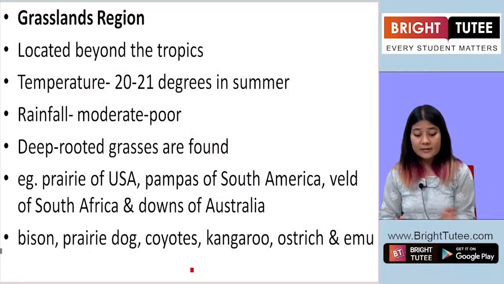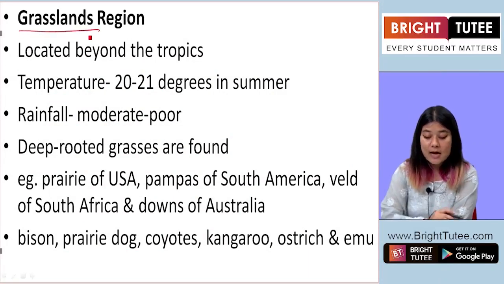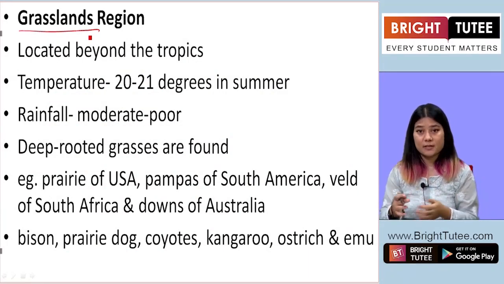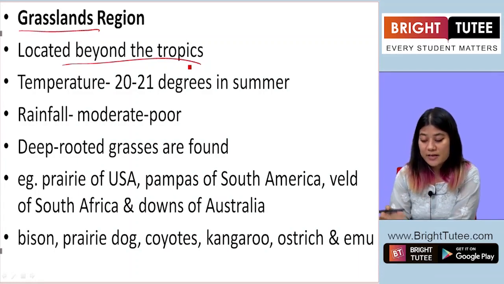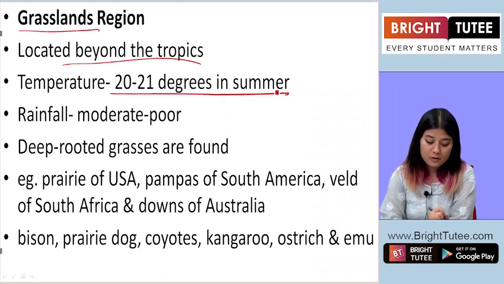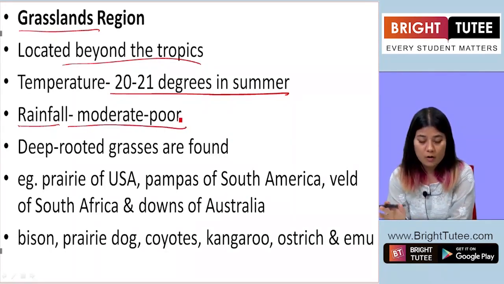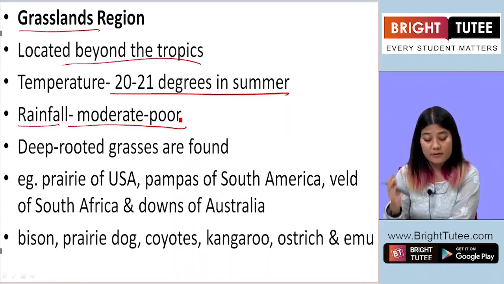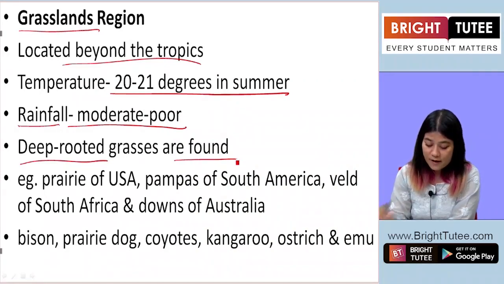Okay. Now let's look at another kind of vegetation, which is the grasslands. Now grasslands are located beyond the tropics, beyond the equatorial region. Here the temperature ranges from 20 to 21 degrees Celsius in the summer. Here the rainfall is not heavy, it's moderate to poor, alright. And here, because of the temperature and moderate rainfall, the grasses which are deep rooted are found.